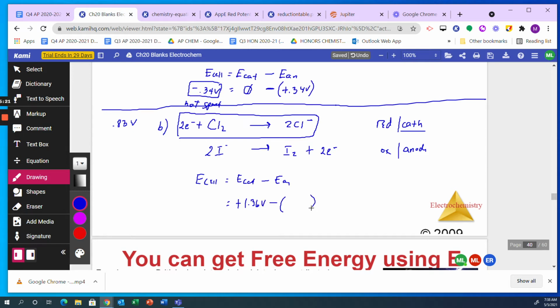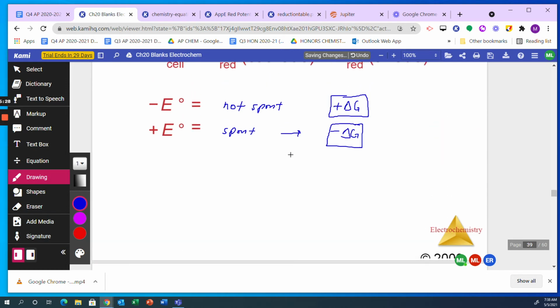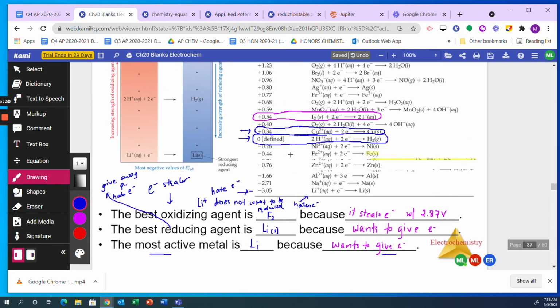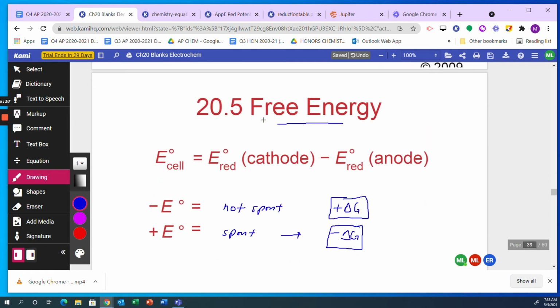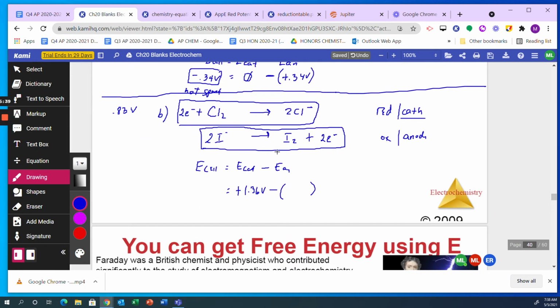Minus the anode is this one right here. It's I minus and I2. So it's written here in the reverse way, so it's going to be positive 0.54. Okay, since it's reversed, you take the negative of it. So it is positive 0.83 volts. Because it's positive, it is spontaneous.